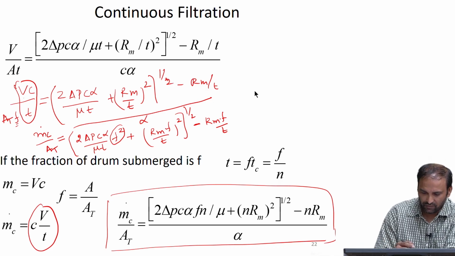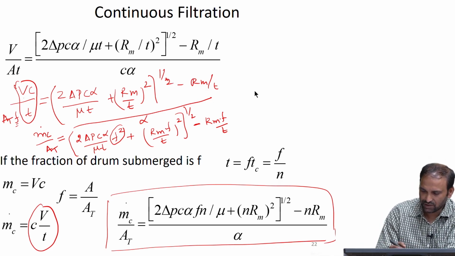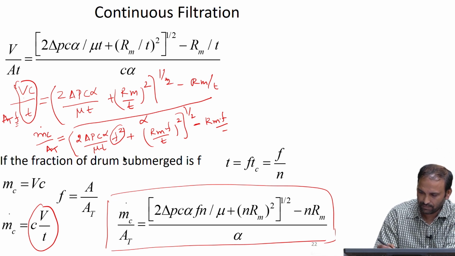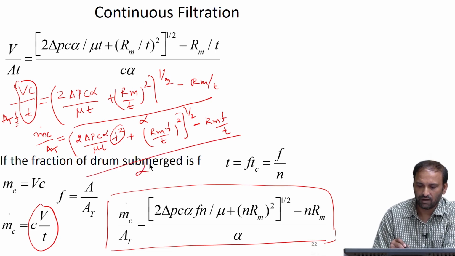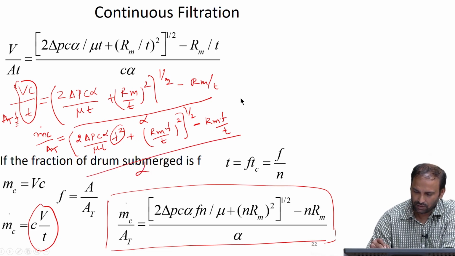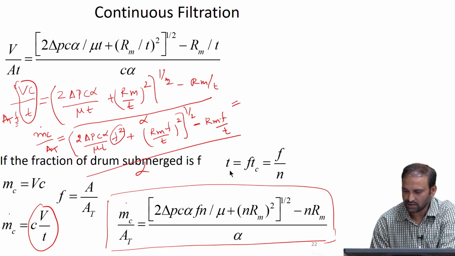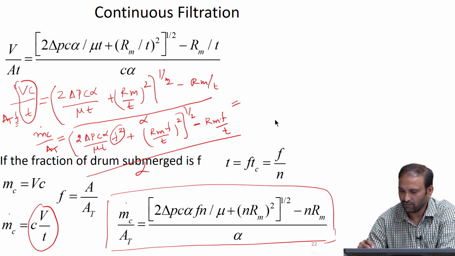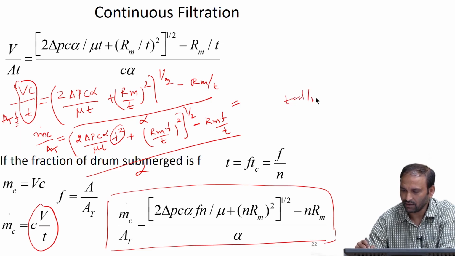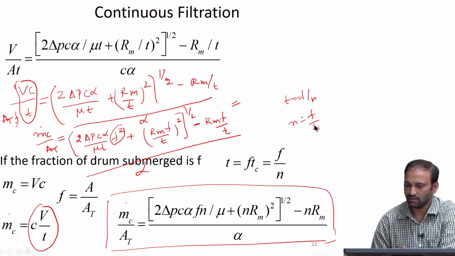Of course, everything is divided by alpha. Now, I know that because t is equal to f by n, my n is equal to f by t.